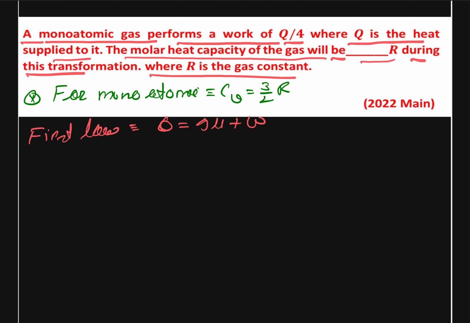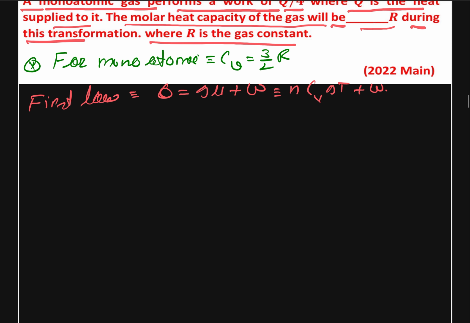Or we can also write it as N C of V delta T plus work done. And we are given that work done is Q by 4.